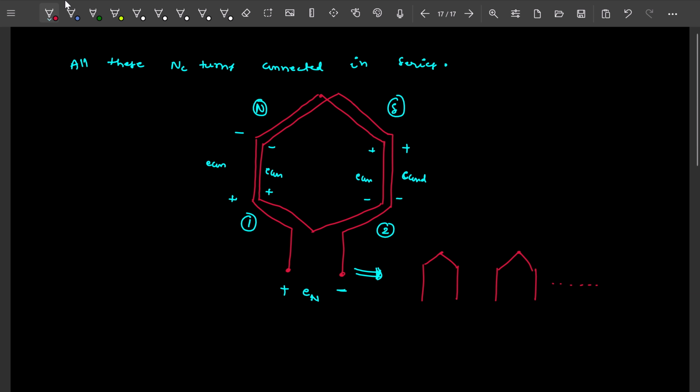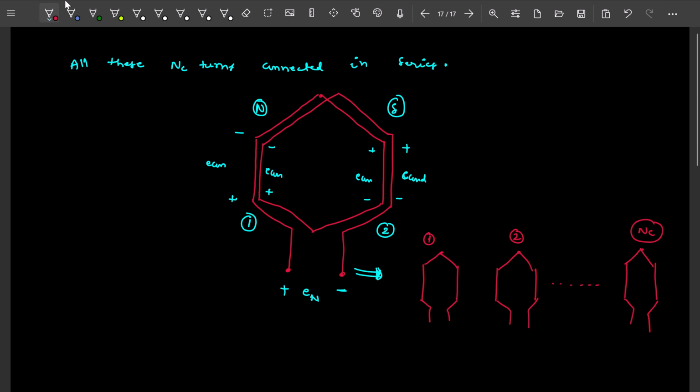Like this we are going to have NC turns. Okay, NC turns like this. This is the first turn, this is the second turn, and this is the NC-th turn.